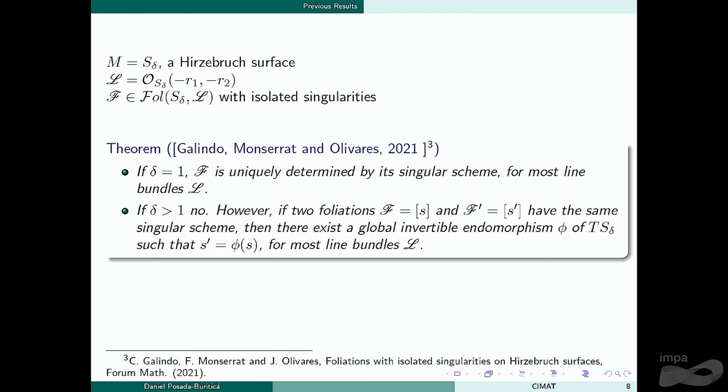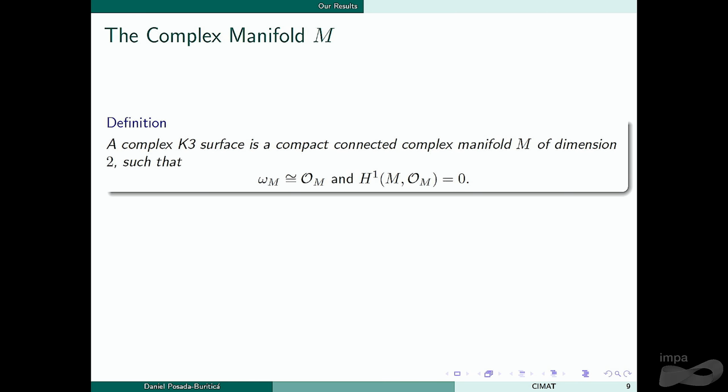To study foliations in this case, we need a complex manifold and we need to study the line bundles on the complex manifold. In this work, we will work with projective K3 surfaces, but what is that? A complex K3 surface is a compact connected complex manifold M of dimension 2, because it is a surface, such that the canonical bundle is trivial and the first cohomology group of the structure sheaf is 0.